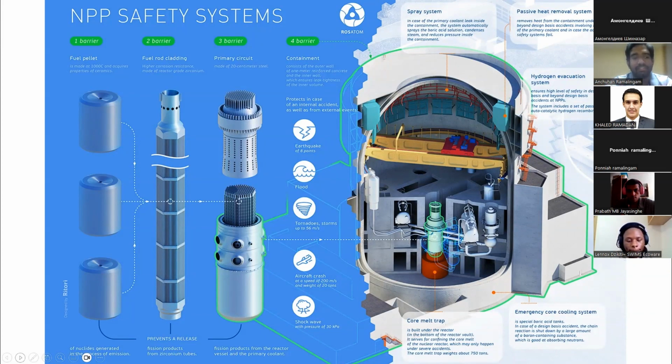It's built to withstand strong earthquakes, tornadoes, floods, aircraft crash, and even a shock wave of a pressure of 30 kilopascals. It's a concrete structure, reinforced with steel. Does this answer your question? I hope so.